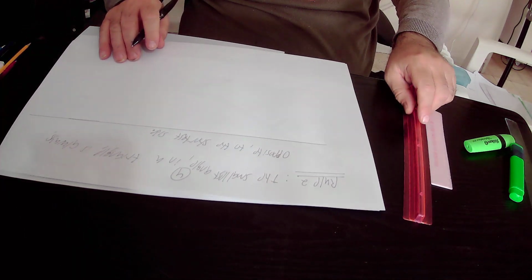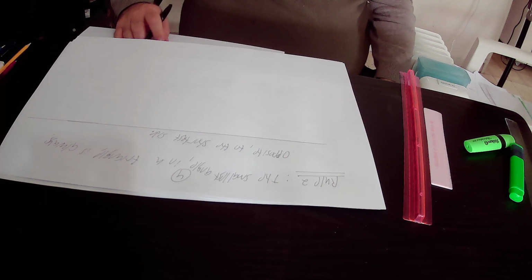I repeat rule number 2 again. According to rule number 2, the smallest angle in a triangle is always opposite to the shortest side.